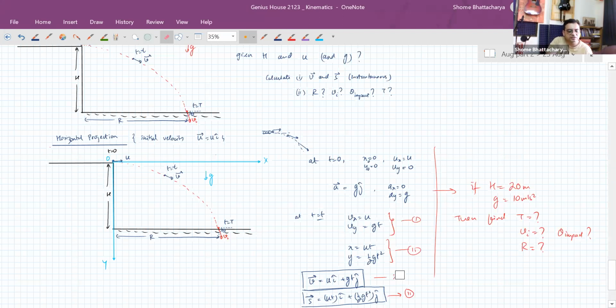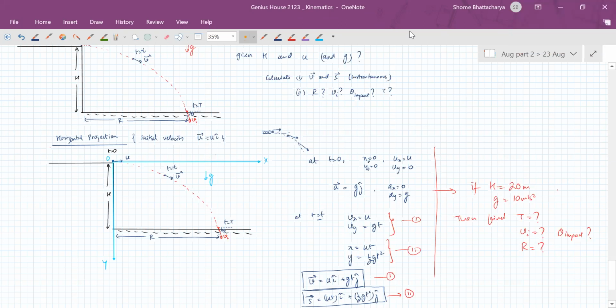So these are basically the same thing. Above they are written in component form, below they are written in unit vector notation. Now the main thing is you have to use these equations with these values to find out these things.